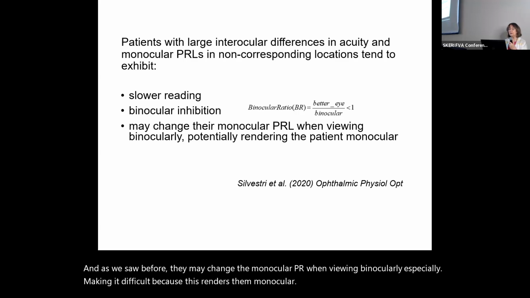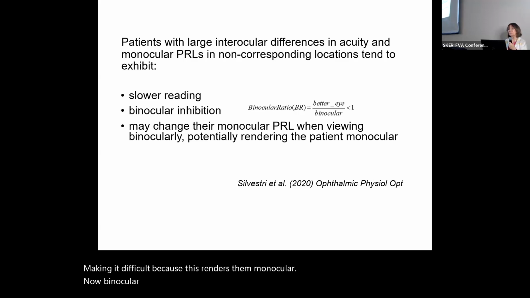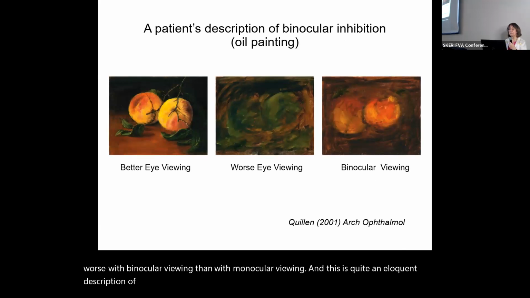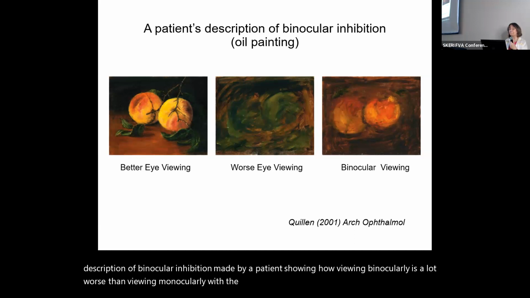Binocular inhibition is a condition in which any measure you take, acuity or reading, is worse with binocular viewing than with monocular viewing. And this is quite an eloquent description of binocular inhibition made by a patient, showing how viewing binocularly is a lot worse than viewing monocularly with a better eye.